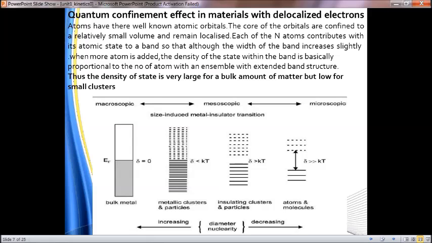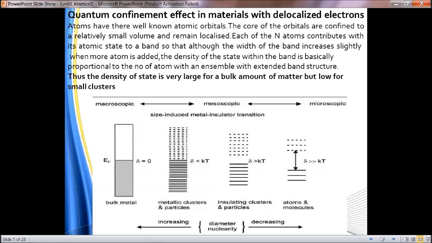We know that with the increase in the number of atoms, the band structure expands. That's given here. The density of states is very large for a bulk amount of matter, but low for small clusters. That's given here. So we move from macroscopic to mesoscopic to microscopic, or otherwise microscopic to mesoscopic to macroscopic.